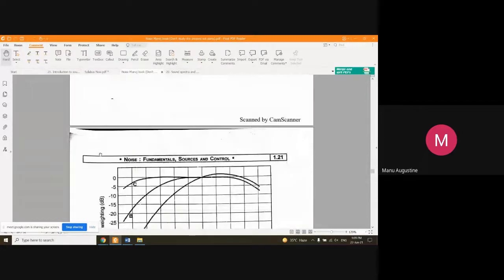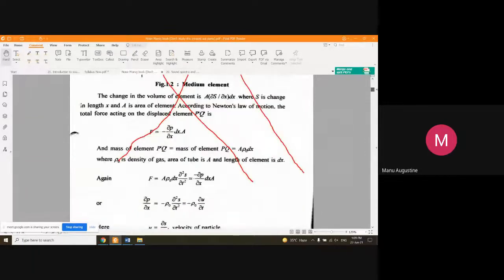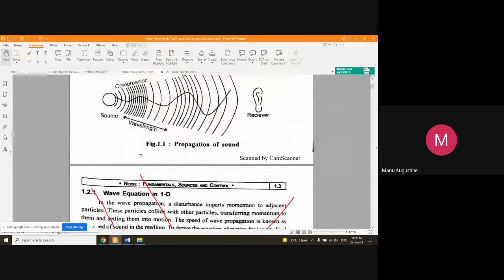ठीक है, तो ये इसमें कुछ ऐसे पार्ट्स हैं जिसमें मैंने क्रॉस लगा दिया है रेड इंक से.